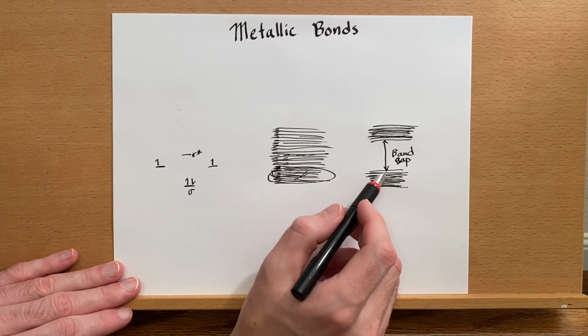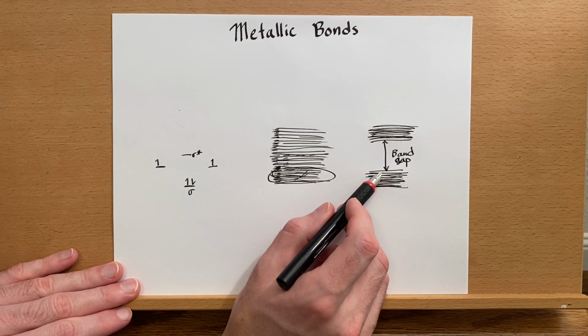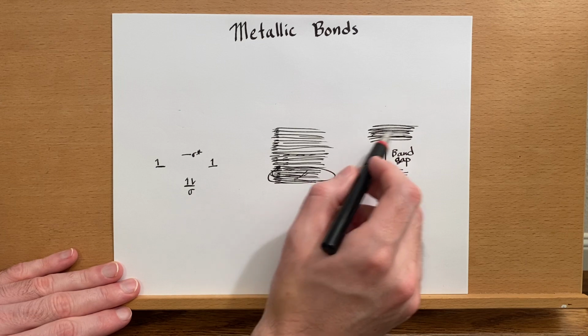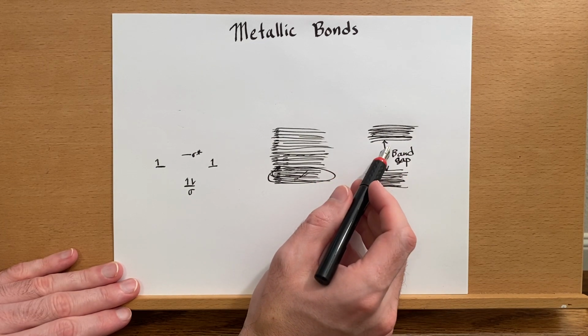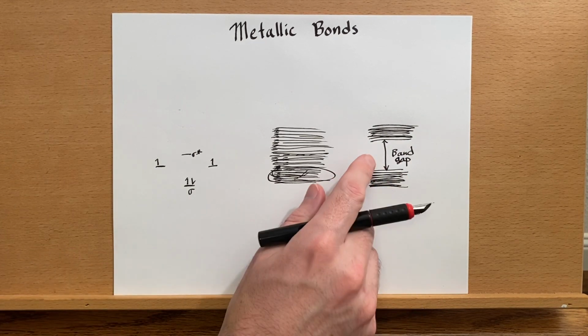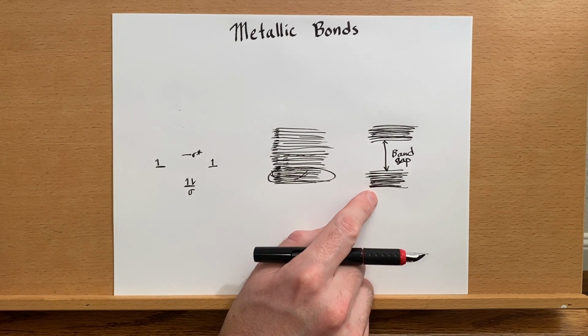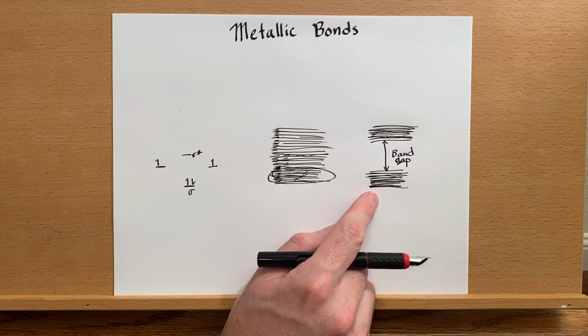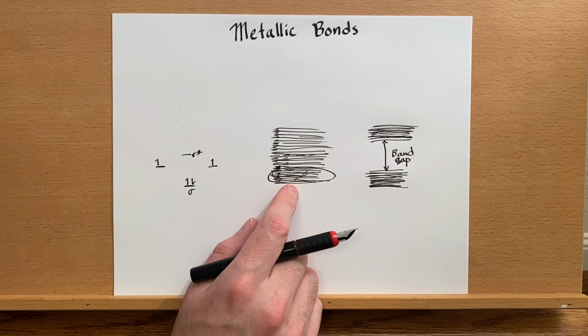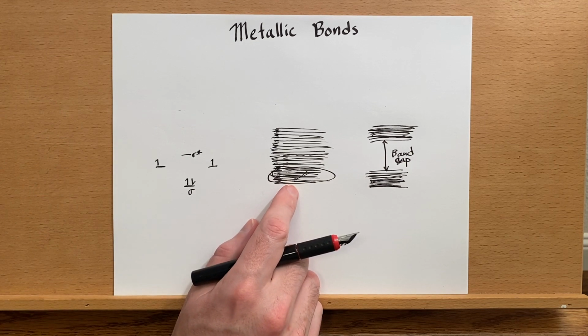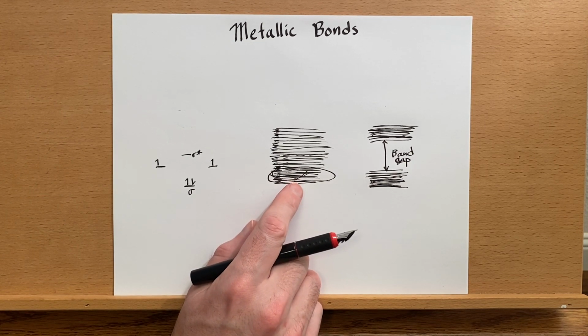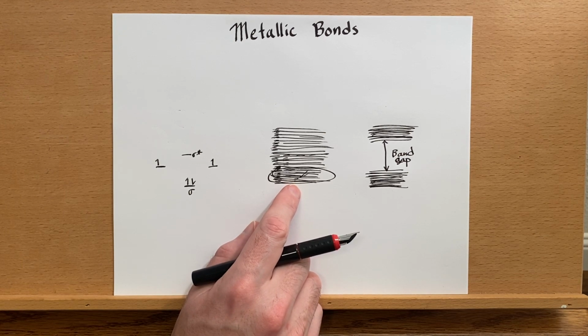And it takes more energy to get an electron up here to where it's in the conduction band. So these will only sometimes conduct electricity. That's why they're called semiconductors. And metals will pretty much always conduct electricity, and that's why they have this particular characteristic of the metallic bond.